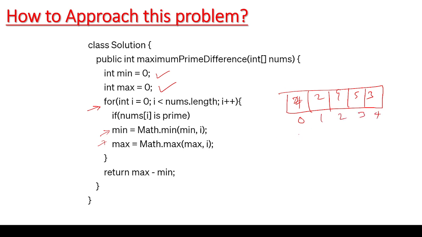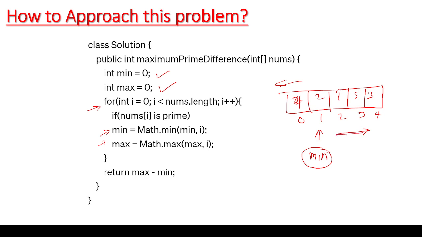The minimum we have found at index 1, so this is your min. The min cannot go further ahead because we have already found it; the minimum can go backward but not forward. So the minimum will be stuck here. Even if we get another prime number, the minimum stays fixed.